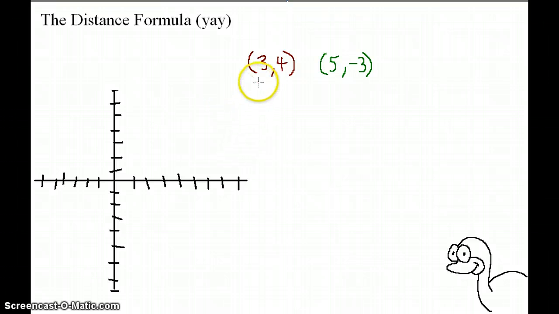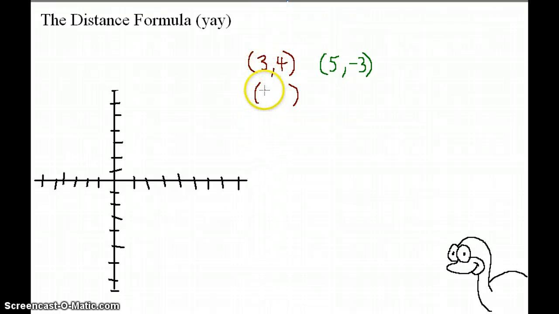I find it personally helpful to label these points, even if it's just in my mind. So here are 2 points that are being presented to us. We've got (3, 4) and (5, -3). As most of you know by now, each point on the Cartesian coordinate plane consists of an x coordinate and a y coordinate.